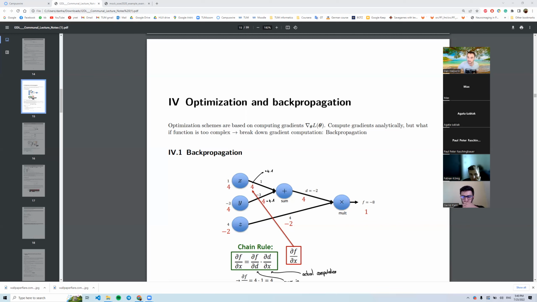Very good, Xavier initialization. How is it called for ReLU? Kaiming initialization. Yes, Kaiming. Gradient clipping. Okay, did you touch this in this lecture? Interesting.